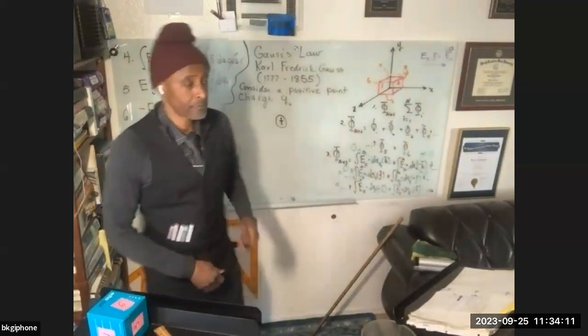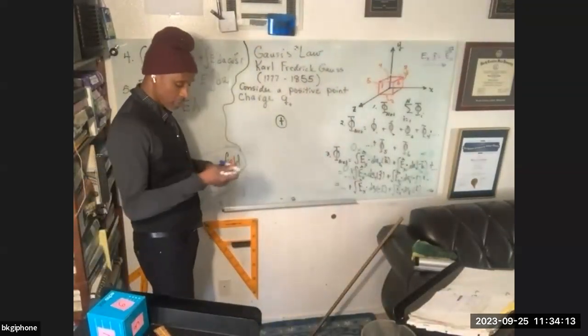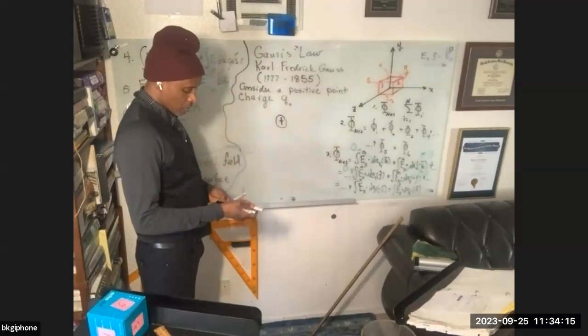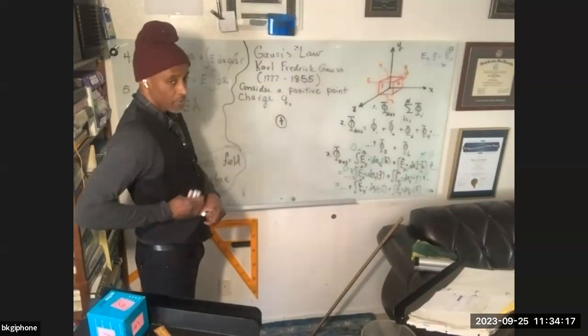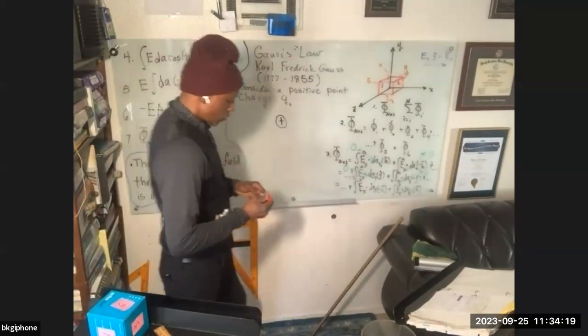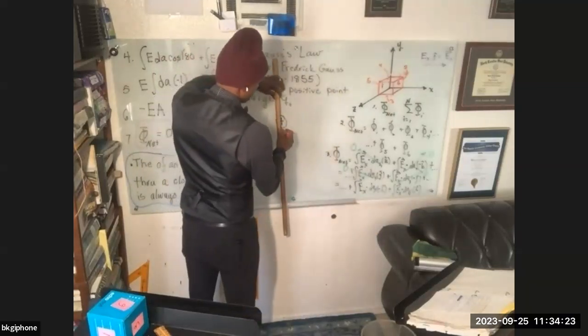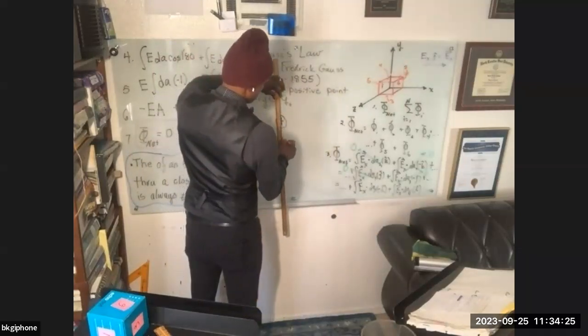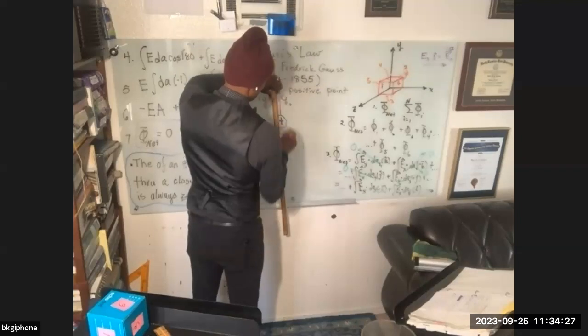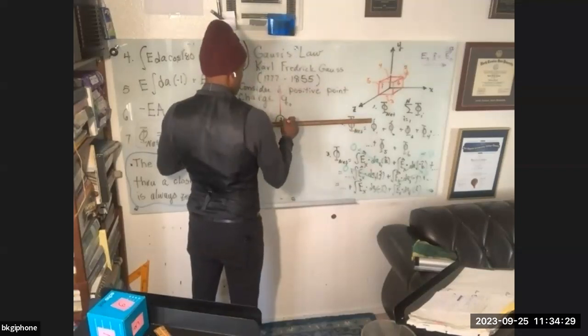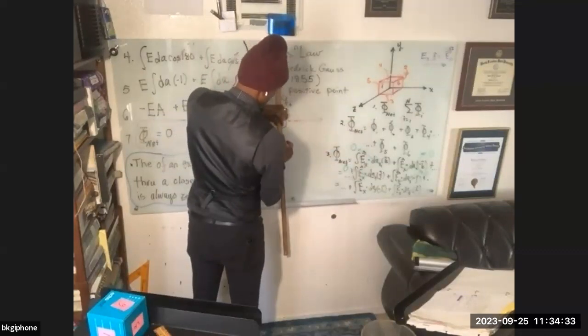So, positive charge. We've got the field lines that radiate, as we know, radially away from the charge. The field lines are going to be doing this. Of course, they terminate on the charge, coming all the way in.